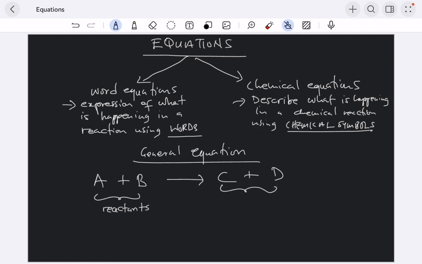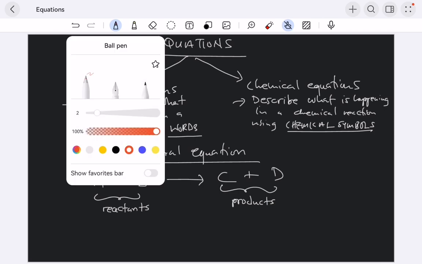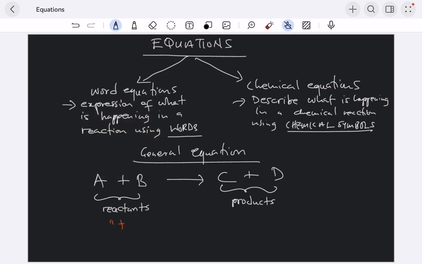Then what is being produced are known as products. Then we have a positive on this side. A positive means reacts with. Then the arrow means to produce.